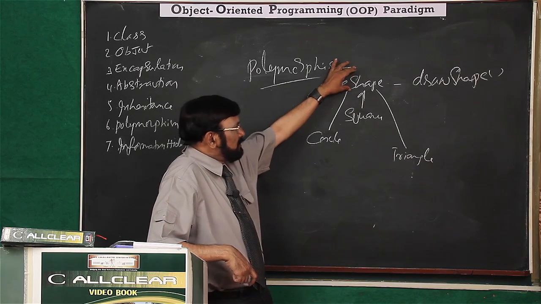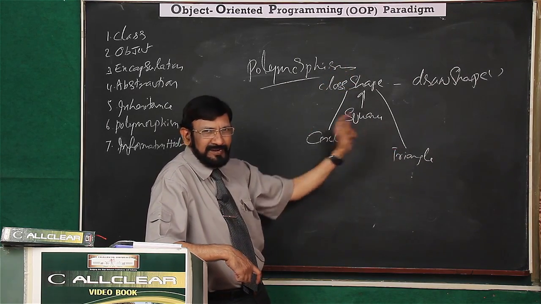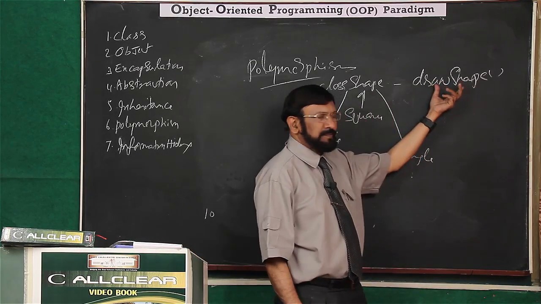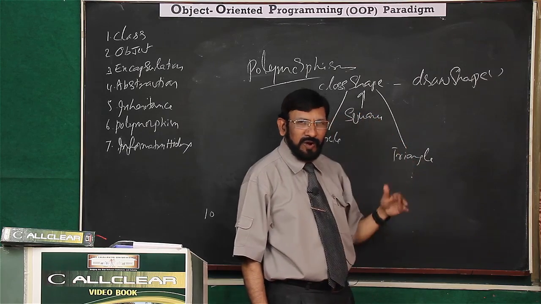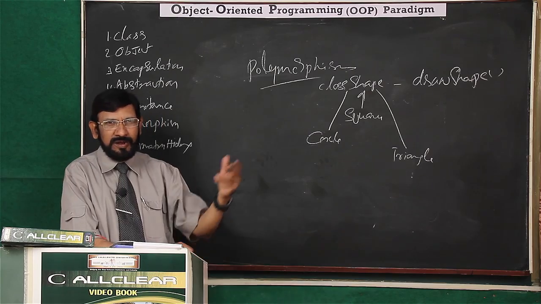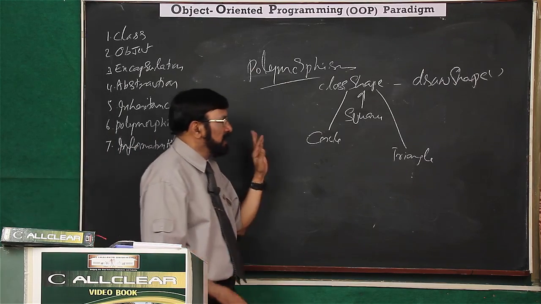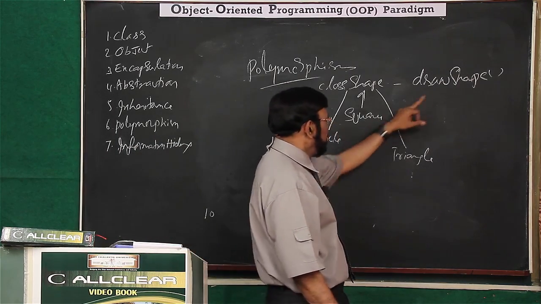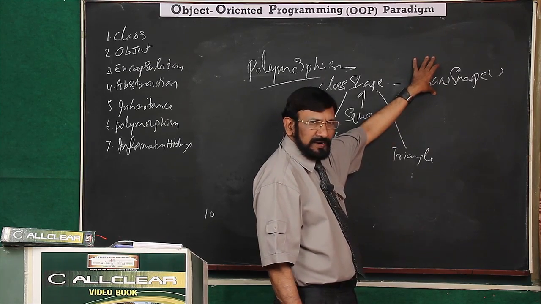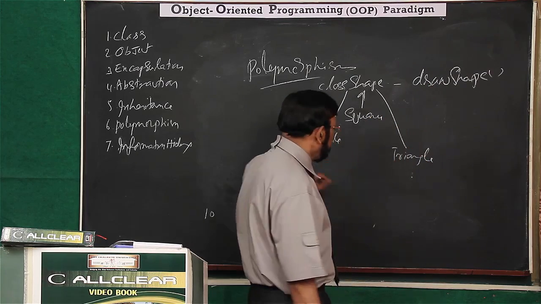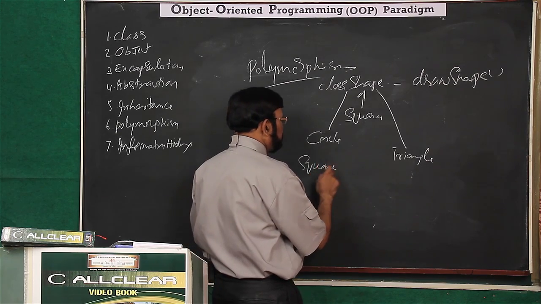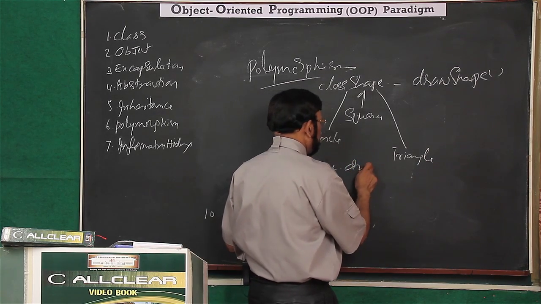This is like a father, and these are like children. The father has a function, draw shape. This is the father's property, so automatically you are entitled to your father's property. Your brother can also be entitled to your father's property. Like that, these three are entitled to this function automatically. Now you see square. Square gets to call draw shape.